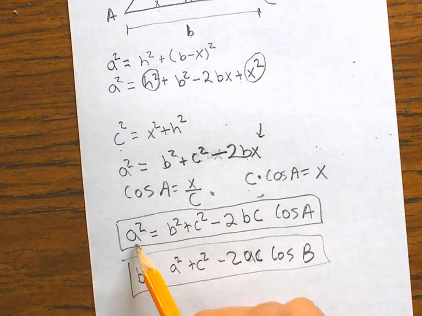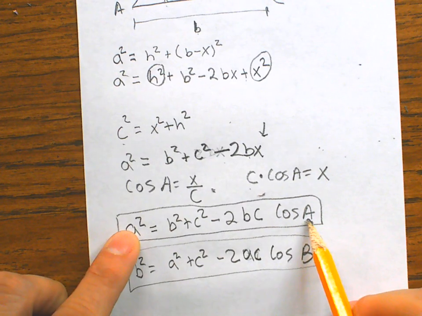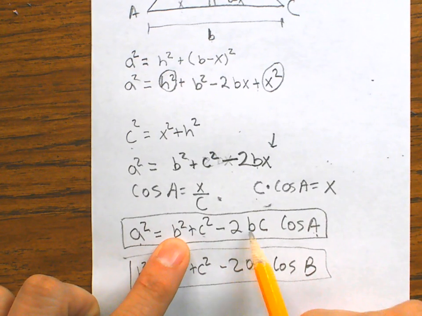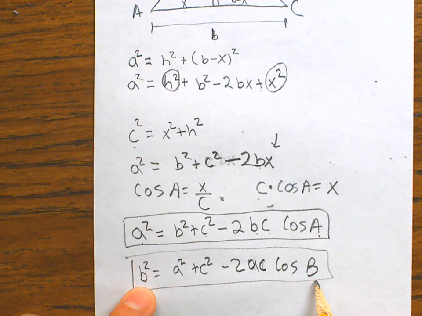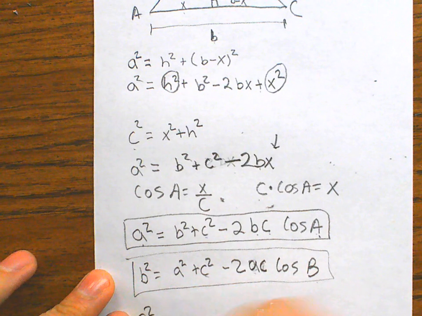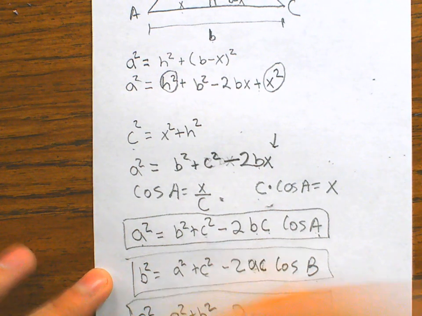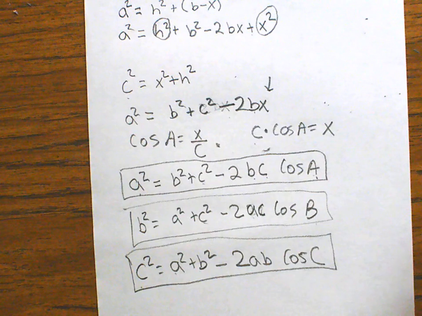Notice this is how you can remember it: this is the lowercase and this is the capital. So a, b, c; b, c, b; a, c, a, c. And c squared is going to be a squared plus b squared minus 2ab cosine of C. Whichever one you need to use, you have to see which one is which.